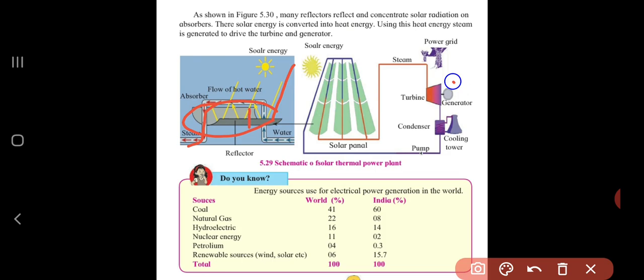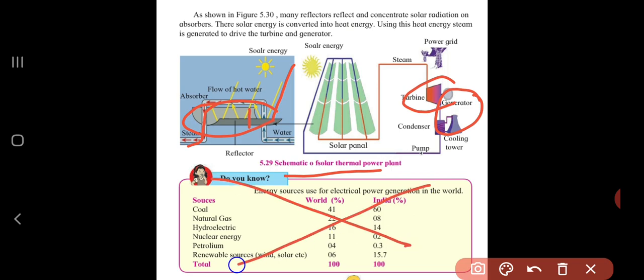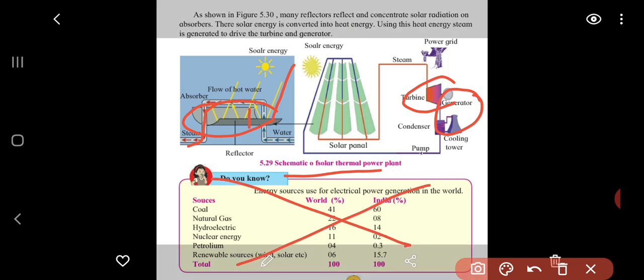The concentrator and the absorber: they concentrate the sunlight, and the absorber absorbs the sunlight and gives it to water. The water converts to steam, and this steam then passes on to the turbine, and the turbine is connected to the generator to generate electricity. So this is how the schematic of a solar thermal power plant is given, and the part on do you know is also eliminated.